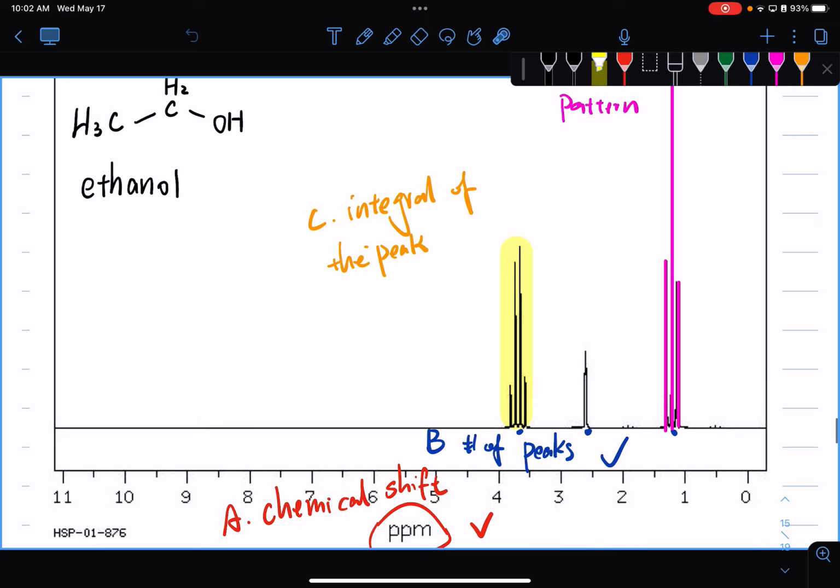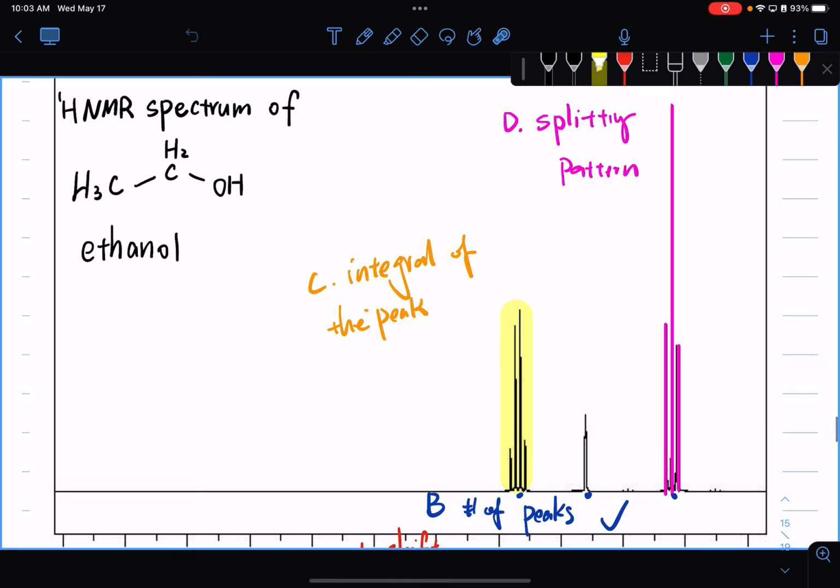The integral of the peak tells you the relative ratio between different types of hydrogen atoms. And then also the splitting pattern, which tells you how many neighboring hydrogen atoms you have in that molecule. So using those 4 pieces of information, we can eventually derive the molecular structure of an organic molecule.